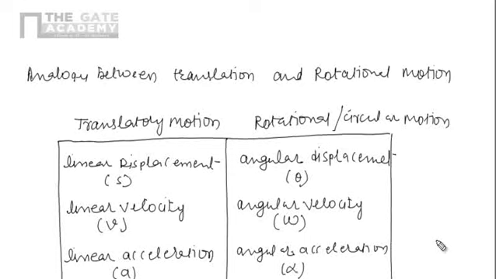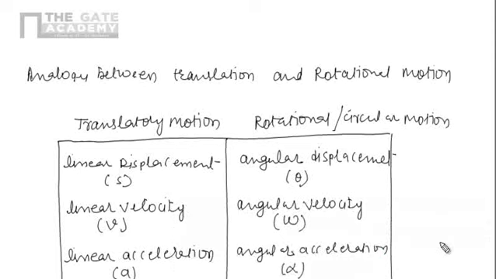So in case of translatory motion, we have the equations based on motion with uniform acceleration. Similarly, in case of rotational or circular motion also, we can write the same equations, but with the notation related to rotational motion, for problems based on motion with uniform acceleration.